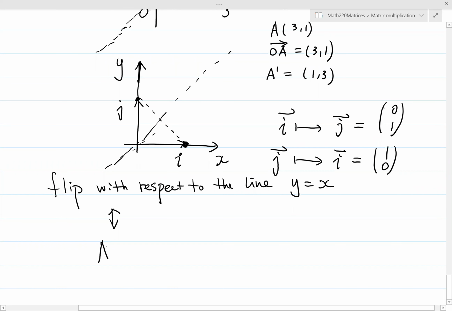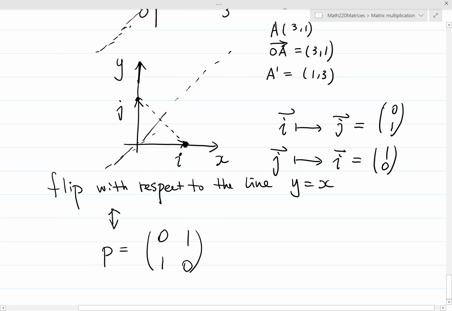Here A was used, so let's use P. The output of I tells you the first column, 0, 1. The output of J tells you the second column, 1, 0.